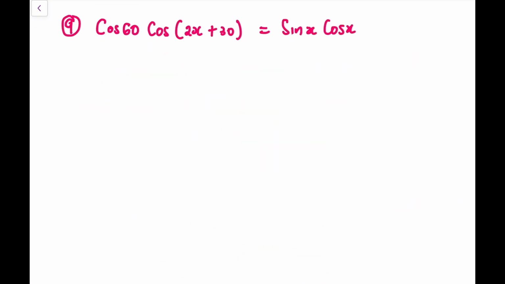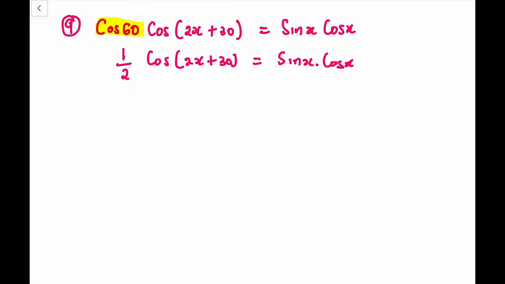So we are given cos 60 multiplied by cos into 2x plus 30 is equal to sin x multiplied by cos x. Now, we can see here cos 60 is a special angle. So we can write cos 60 as 1 over 2. So we have 1 over 2 and then cos 2x plus 30 is equal to sin x multiplied by cos x.